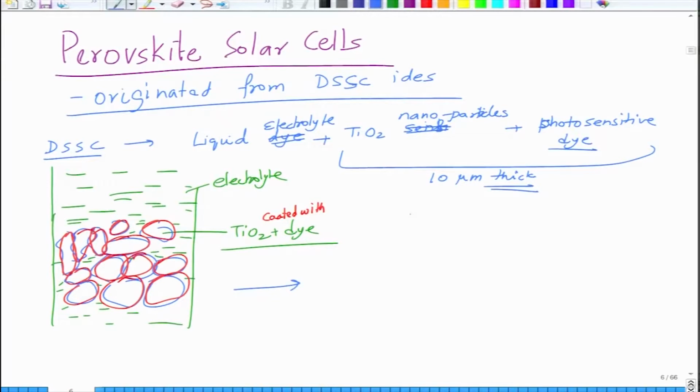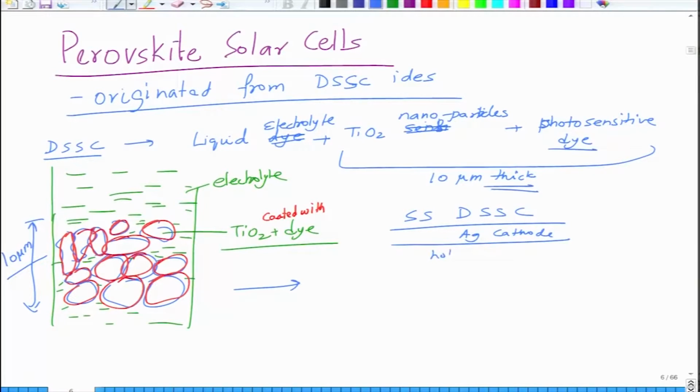People started working on solid state DSSC. So, this was about 10 micron. People started using a silver cathode with a hole transporter such as Spiro, which is a hole transporting material, spiro-MeOTAD.